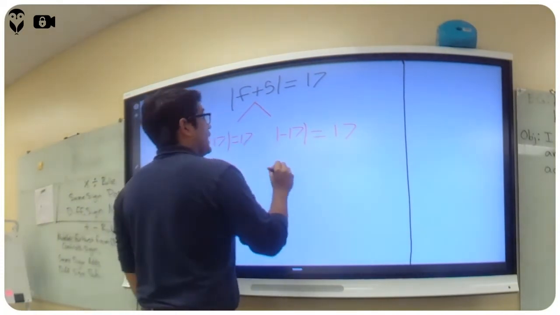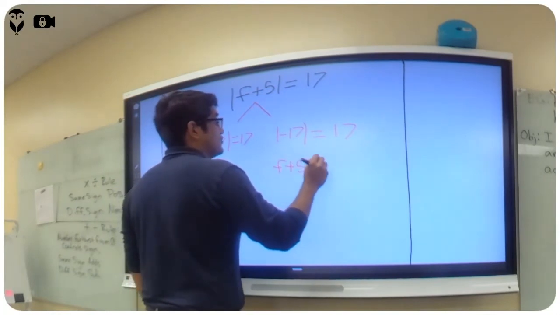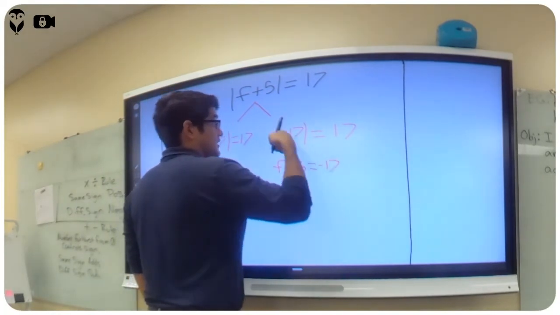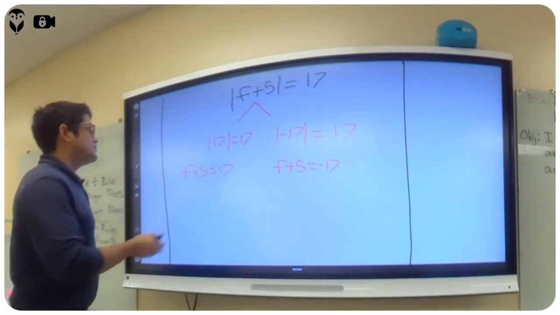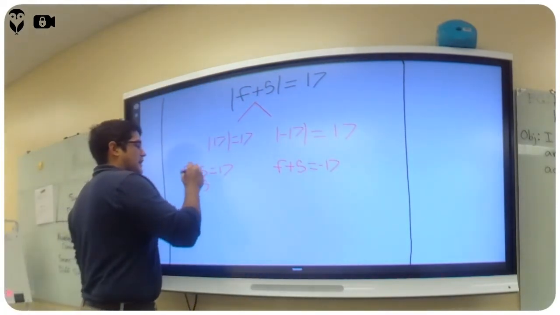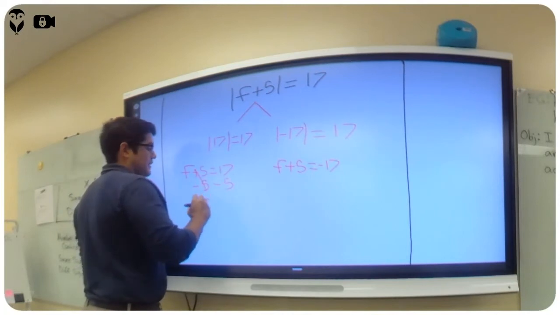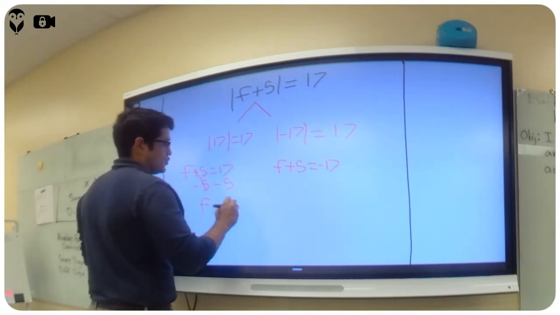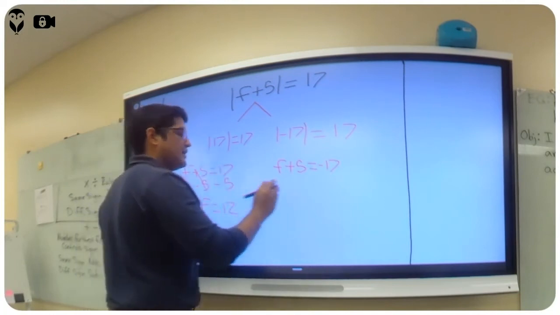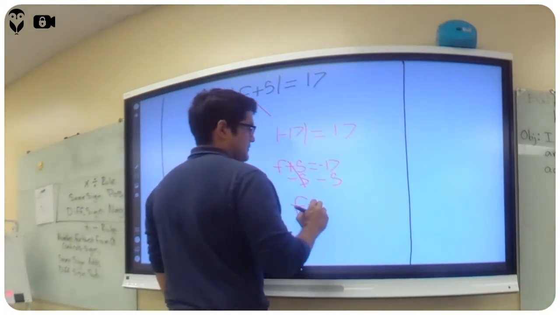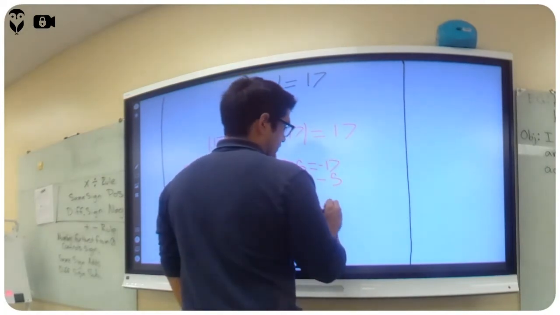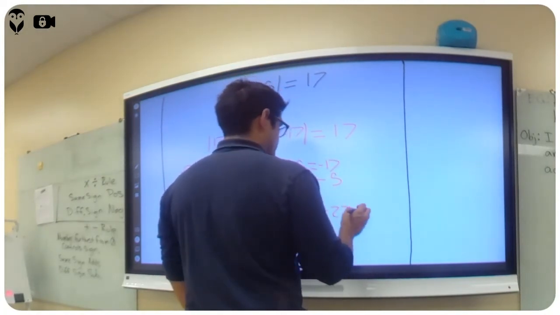But here, f plus 5 can also equal negative 17 and still give you the correct solution. So it has two solutions. So here's the first one, minus 5, f equals 12. Here, minus 5, f equals negative 22.